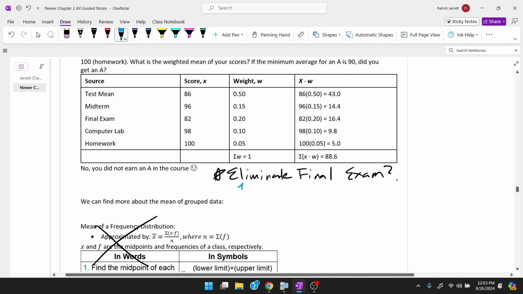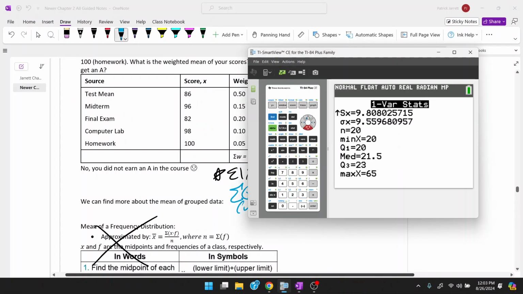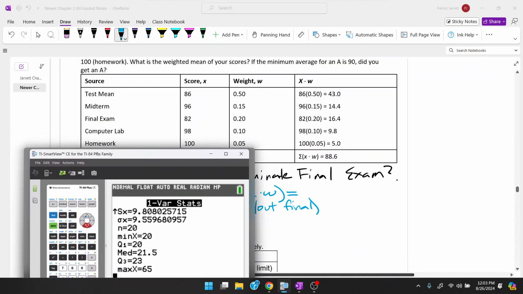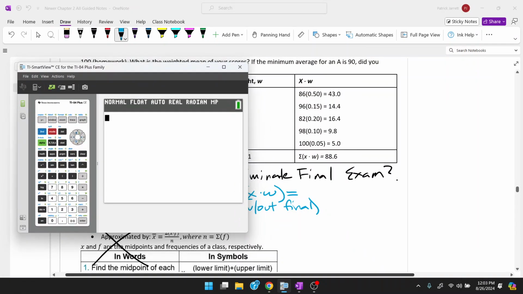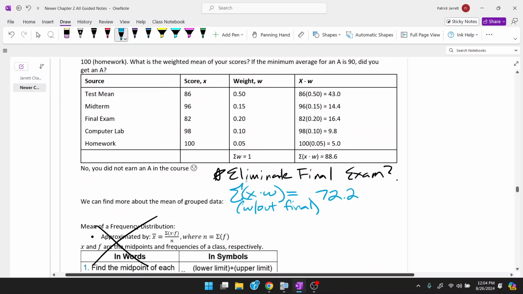You add up X times W without the final exam. So when we do that, we basically add everything but the final, 43 plus 14.4 plus 9.8 plus 5. And that's going to be 72.2.